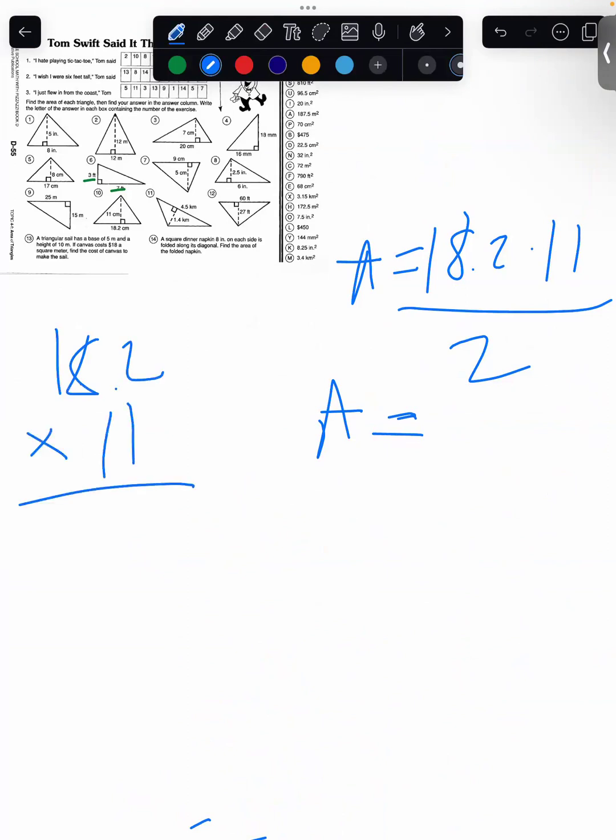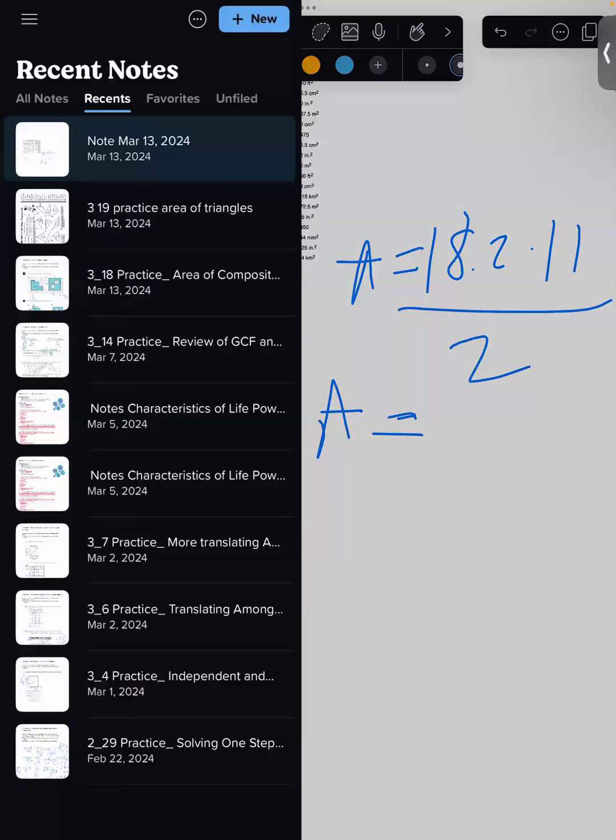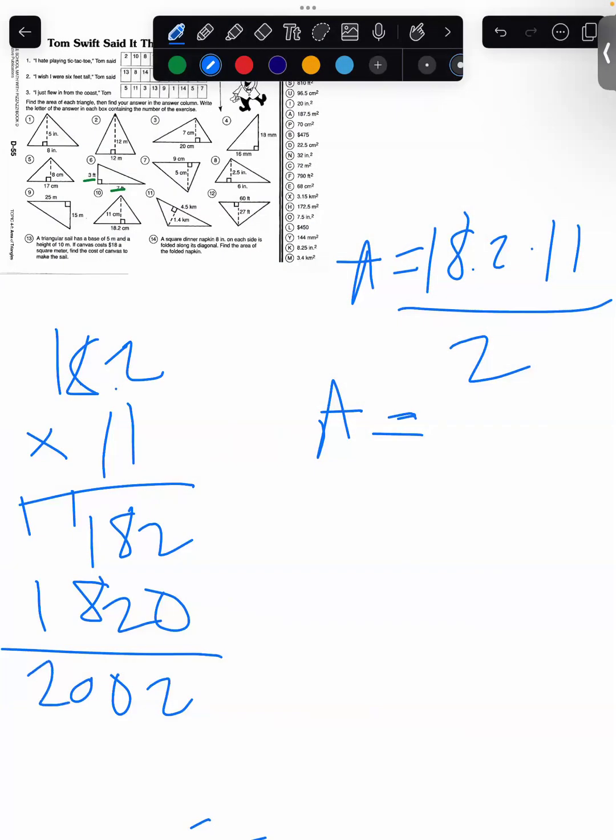Just reminding you that the decimal multiplication rule is that you ignore it till the end. All right, so 182. And then you count how many decimal places are in the problem.